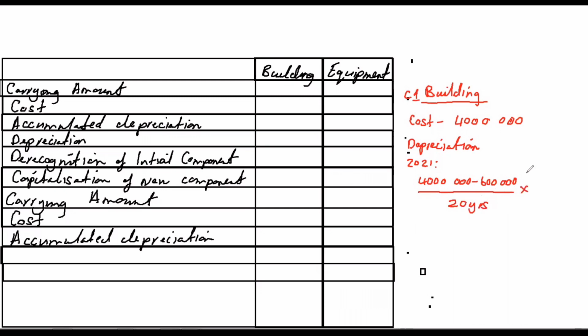multiplied by, remember our timeline? We said from 1 Jan to 30 April 2021. So it's 4 months over 12. How much do we get? Let's move, people. 56,666.